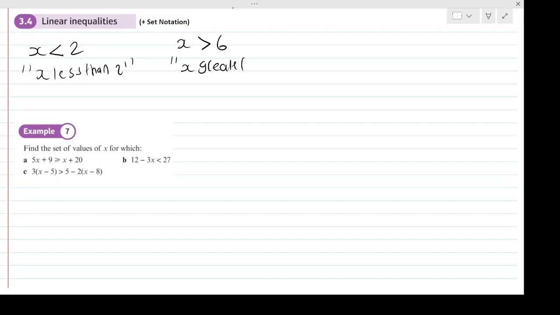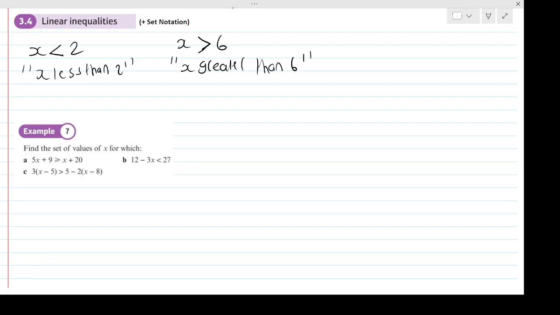So what you need to understand is what these crocodile signs look like, right? I hear some people talk about it like crocodile clips. So if it's facing left, then it's less than. If it's facing right, then it's greater than, right?